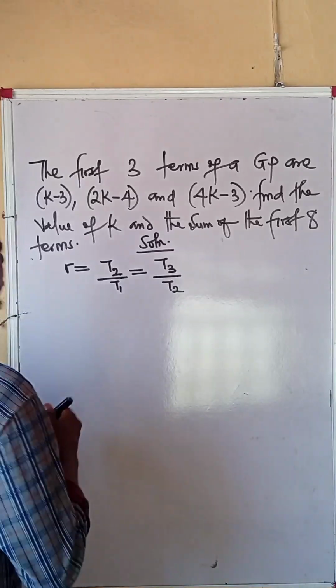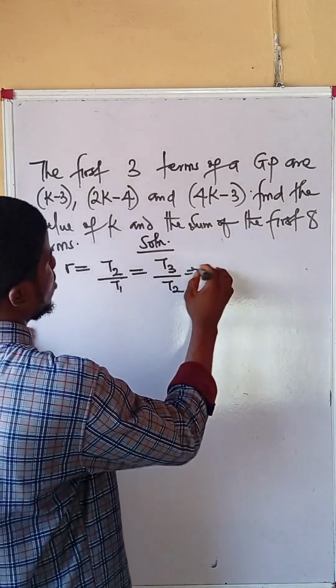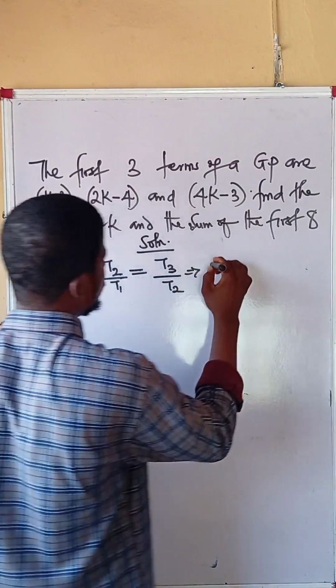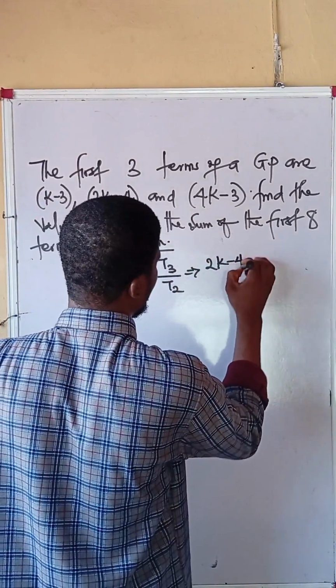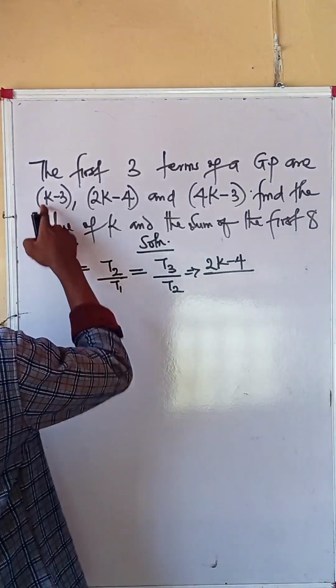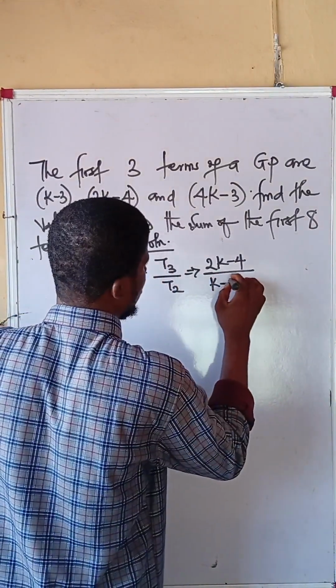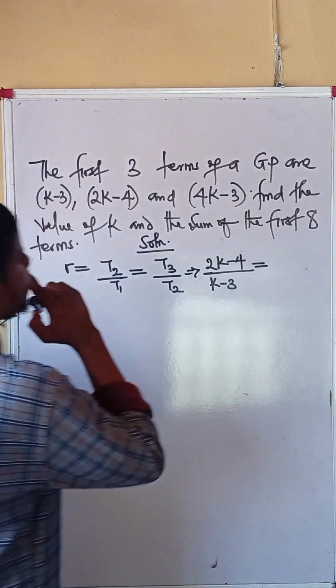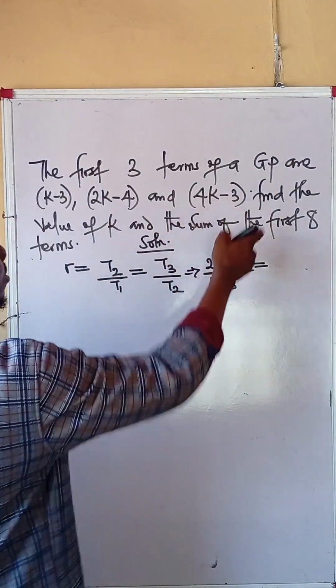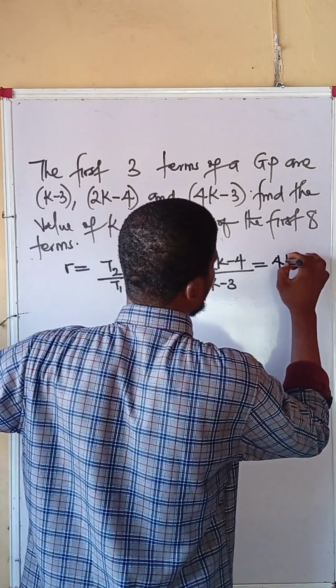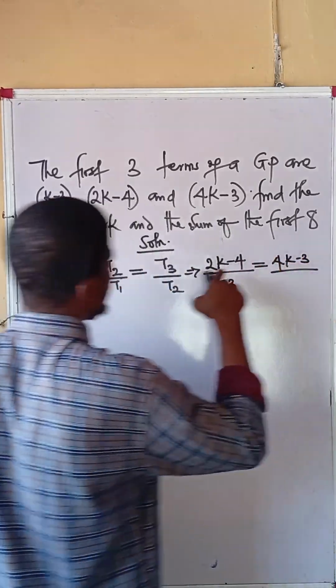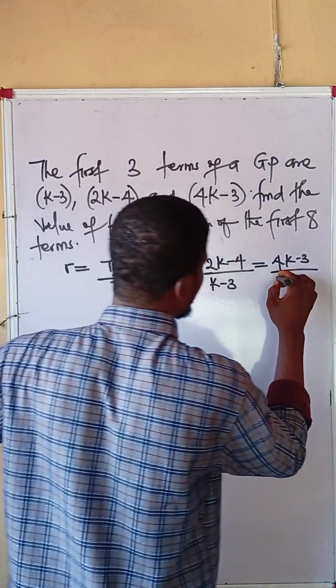The second term is 2k minus 4. So I'm saying that 2k minus 4 divided by the first term, k minus 3, is equal to the third term, 4k minus 3, divided by the second term, which is 2k minus 4.